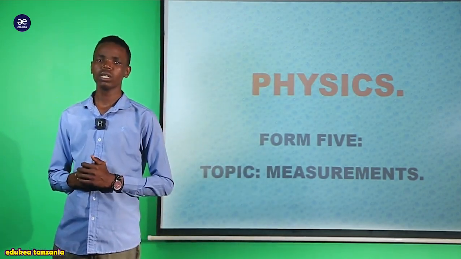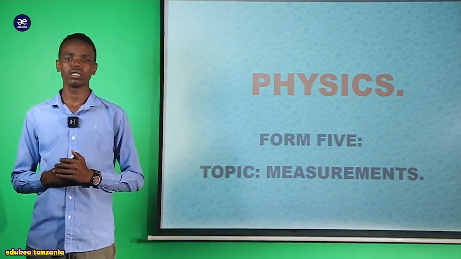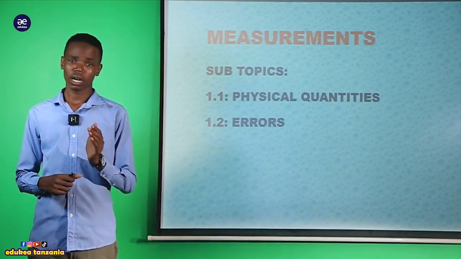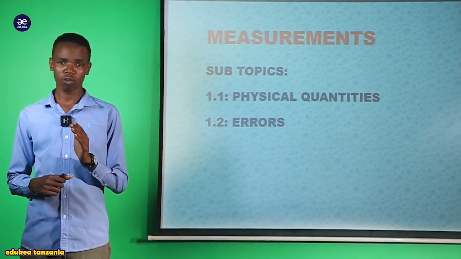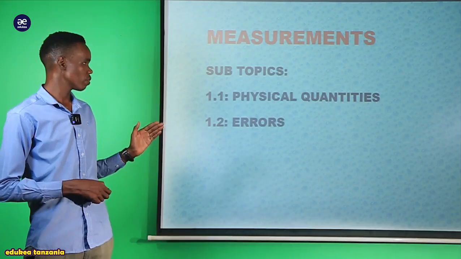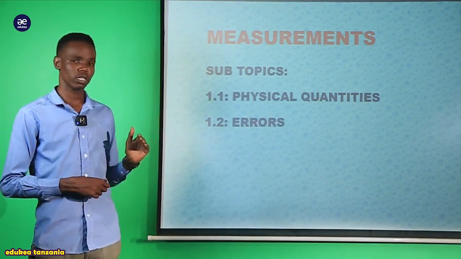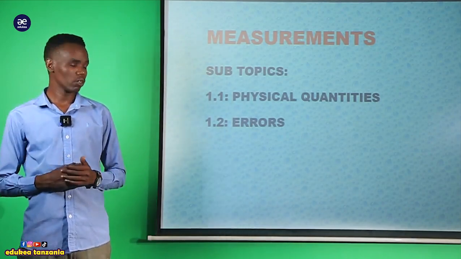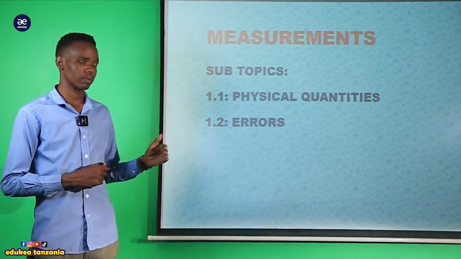But my dear student, these measurements have two subtopics. Among the subtopics of measurements, we have subtopic number 1, which is called physical quantity, and also we have errors.